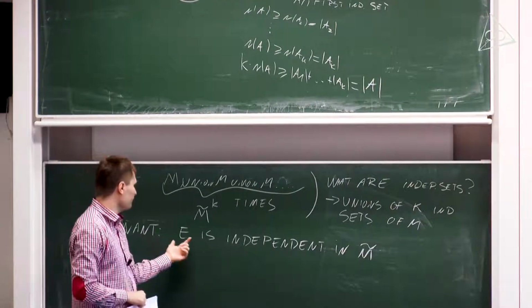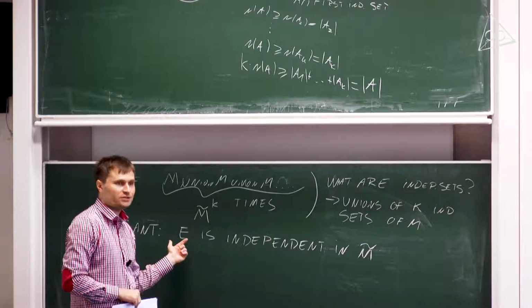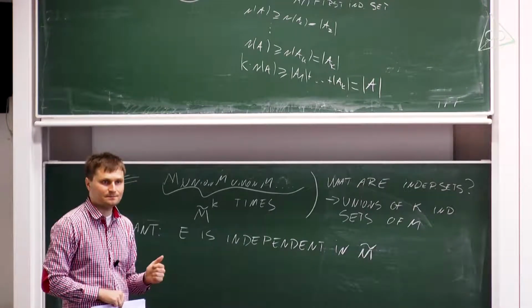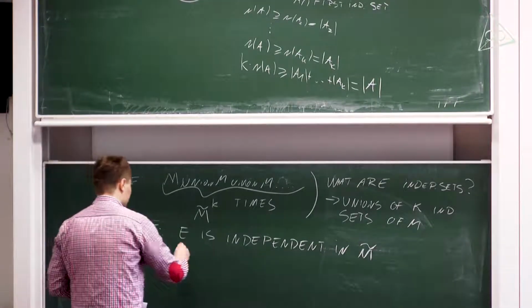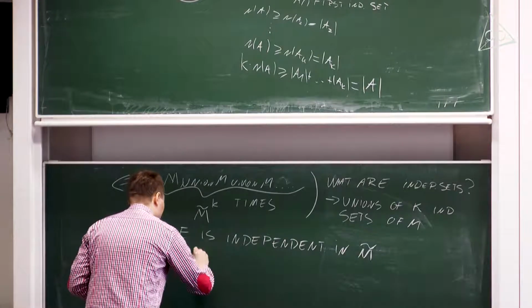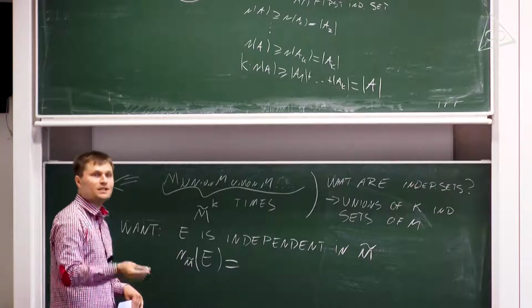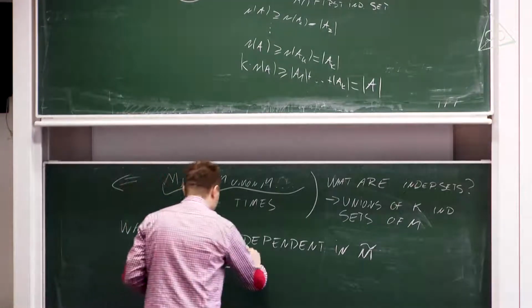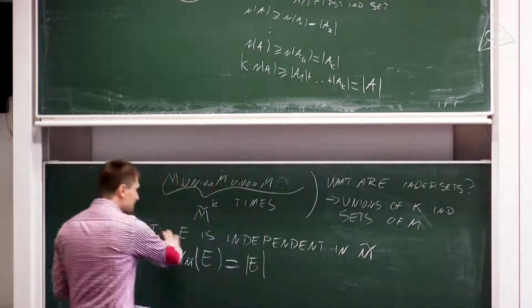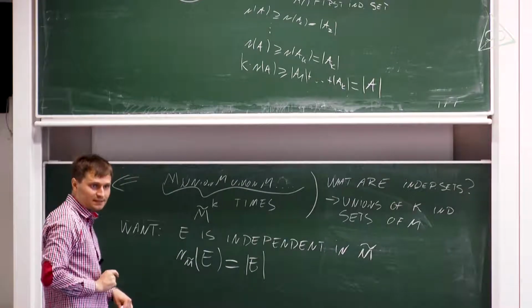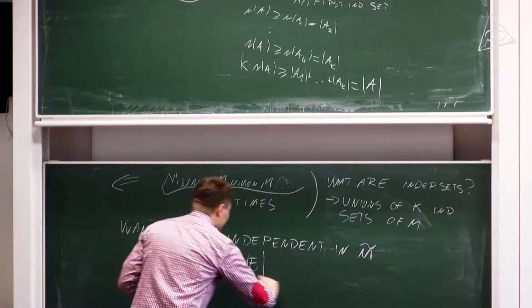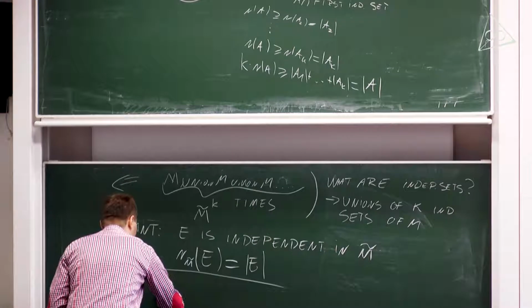How to prove using a rank function that the set is independent? What do we want? That this is the cardinality of E. Okay, so this is what we want. And what does the Matroid union theorem give us?